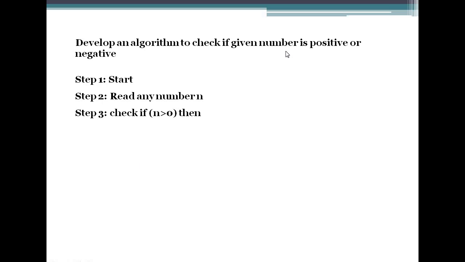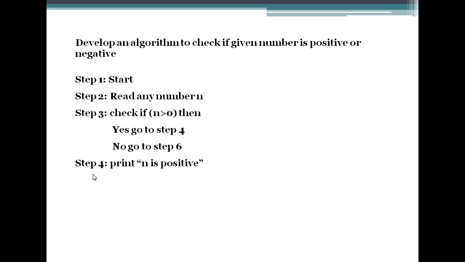So if we want to find out if the given number is positive or negative, we use this condition: check if n is greater than 0. The condition will always have two values, yes or no. If yes, we go to step number 4. If no, we go to step number 6.